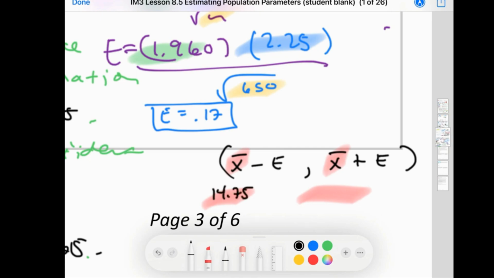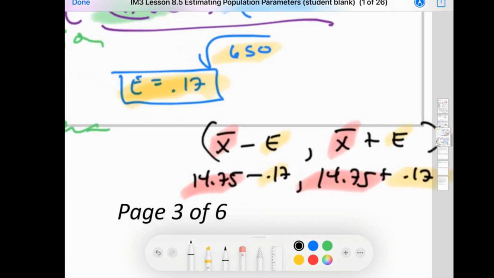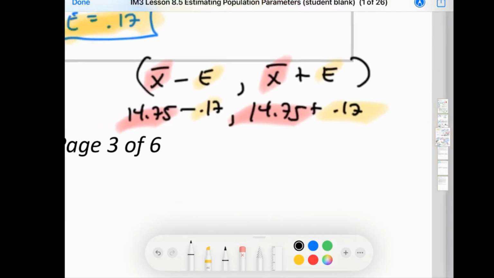Our E value is 0.17. So if I put in my calculator 14.75 minus 0.17, I will get 14.58 to 14.92.